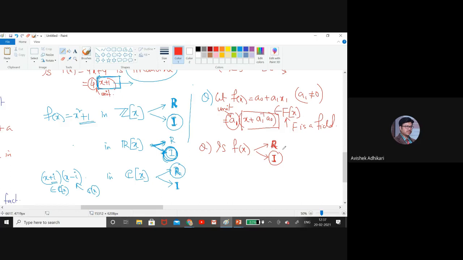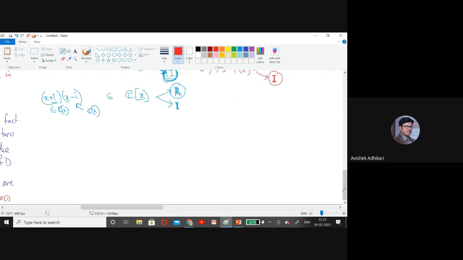Okay, so now I come to the next result, which is very important. This result says that every one degree polynomial over F is irreducible, right?